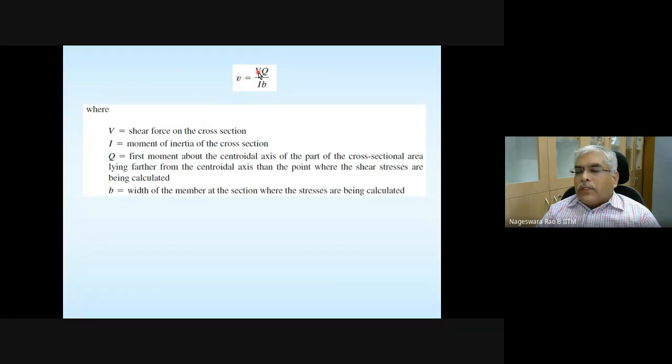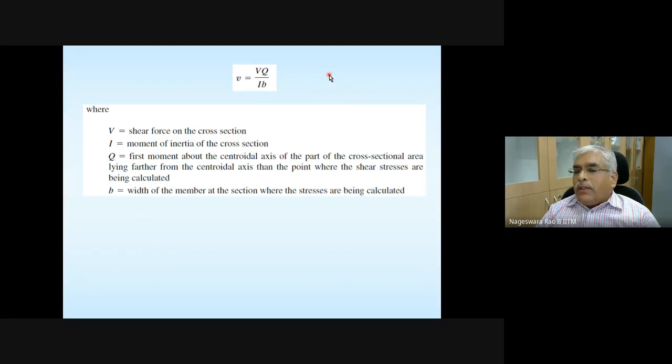V is the shear force, and along the depth of the beam, depending on the location where you want shear stress, above that point, whatever area is there, Q is the first moment about the centroidal axis of the part of the cross-sectional area lying farther from the centroidal axis than the point where shear stress is being calculated.